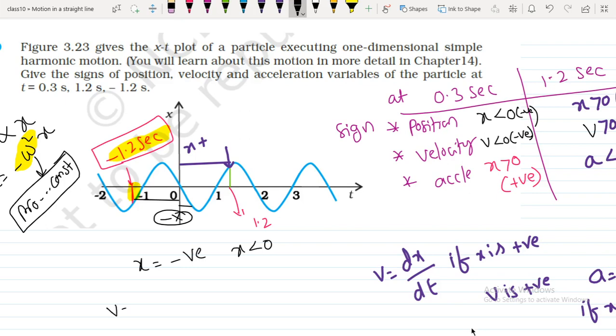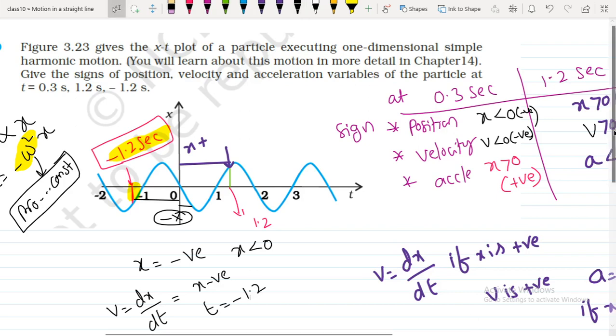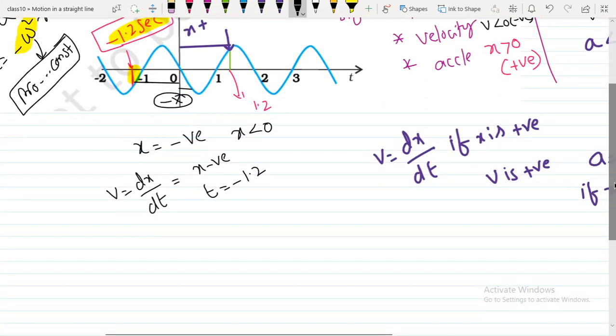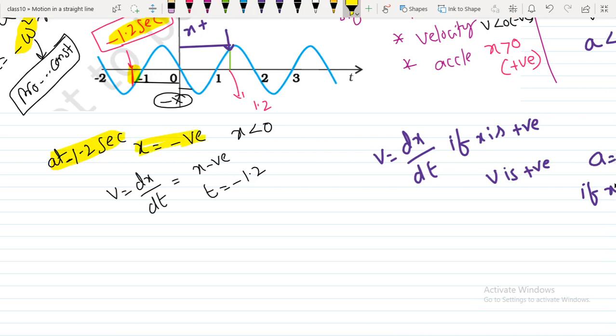But what about velocity? Velocity equals dx by dt, the rate of change of displacement. Since x is negative and time is also negative, be careful, here the time is given as negative 1.2. So the velocity at negative 1.2 seconds, which I am calculating right now, is positive, greater than 0.